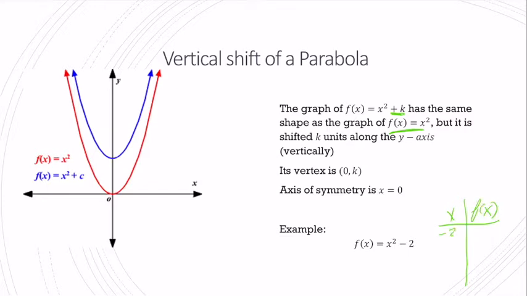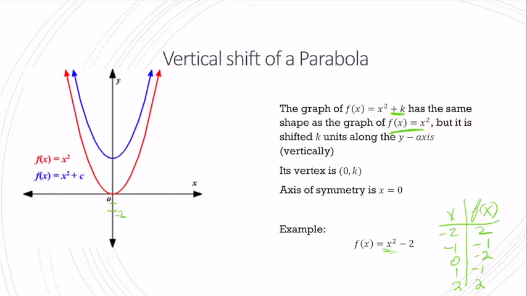And I'm going to show how this is going to shift our graph. So if I have -2 squared, that's going to be 4 minus 2 is 2. -1 squared is 1 minus 2 is -1. 0 squared minus 2 is -2. And we have symmetry. So my graph is going to be shifted down to -2. Before, when x was 0, this was our origin.